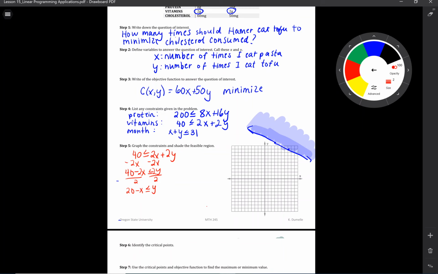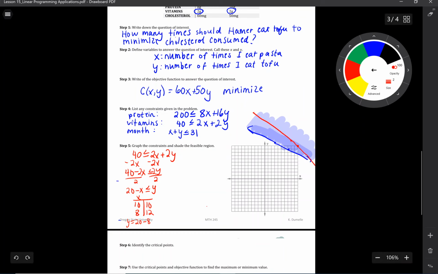If I plug in 10, this gives me y equals 20 minus 10, which is 10. So I have the point (10, 10), which is right here. And then let's plug in 8. That gives me y equals 20 minus 8, which is 12. So somewhere over here. So this graph looks something like this.